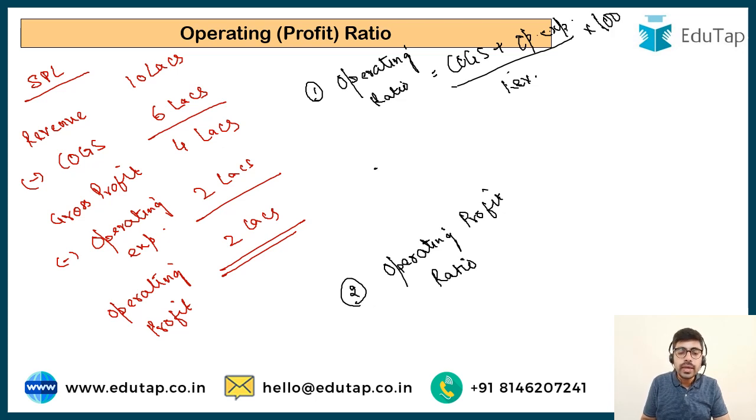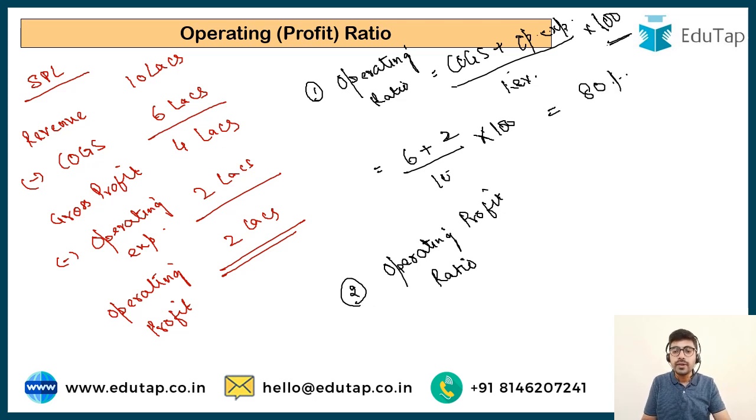In this case, cost of goods sold is 6, operating expenses are 2 lakh, divided by the revenue, which is 10 lakh, into 100. So 8 divided by 10 into 100 is going to be 80%. We multiply by 100 for percentage.